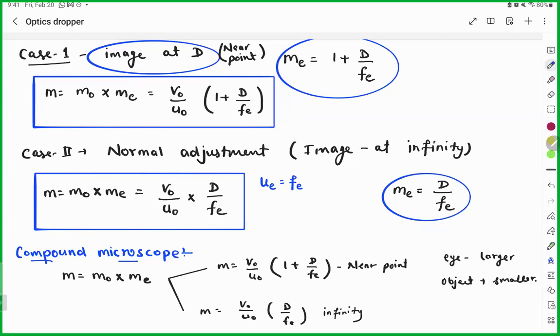Write twice. You wrote twice. This is important for the revision. And now we'll do questions from the compound microscope.